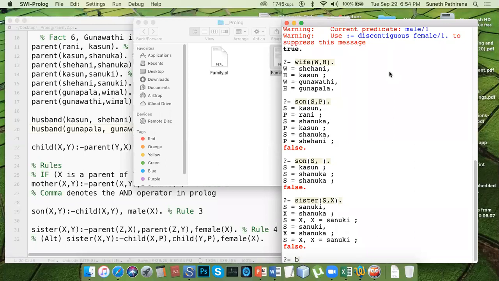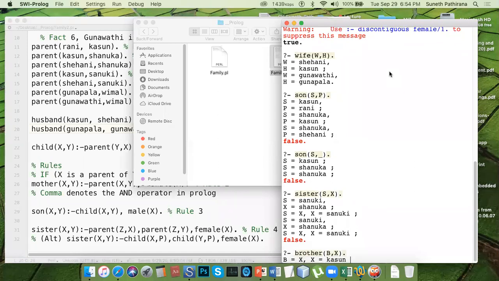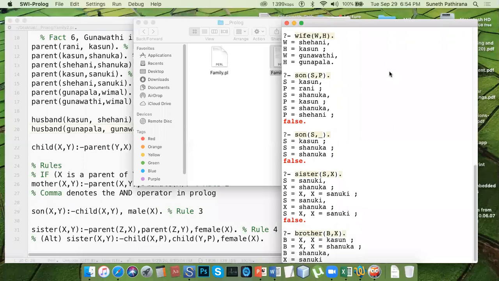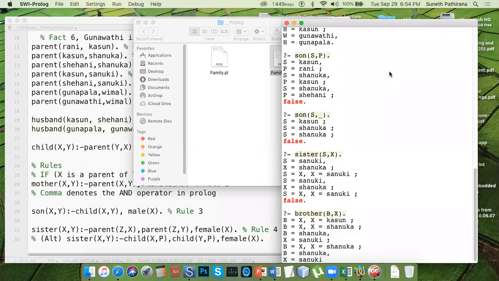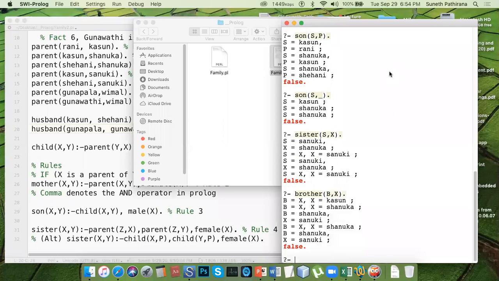Brother also: Kasun becomes a brother for himself. Shanuka becomes a brother for himself, and Shanuka becomes a brother for Sanuki. Shanuka and Sanuki are brother and sister.